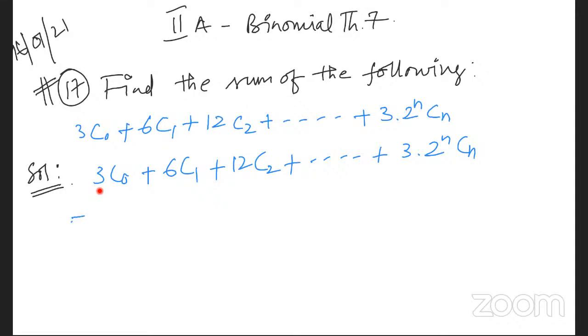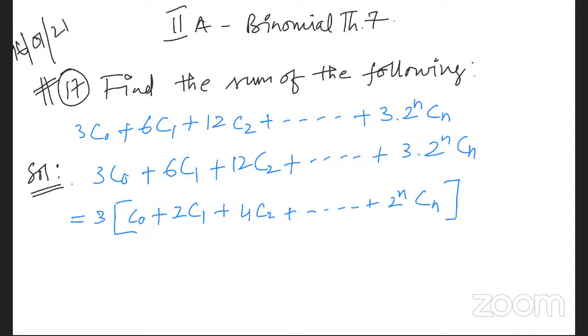So this will be equal to 3 into C0 plus 2C1, 2 into C1 plus 4C2 plus so on plus 2 to the power of n Cn.